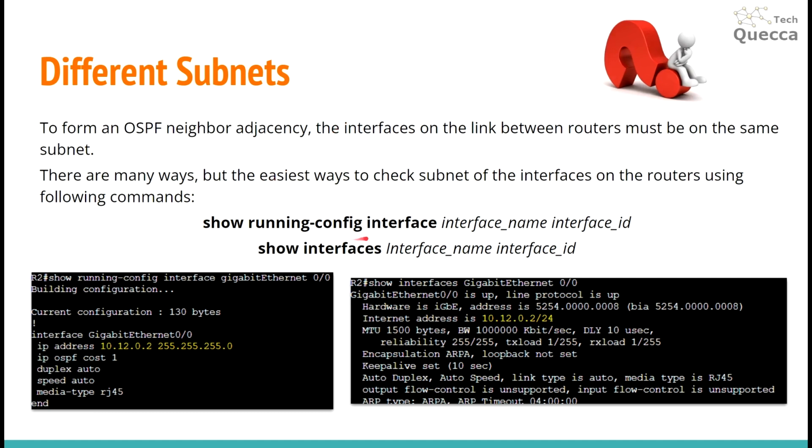Show running-config interface with interface name and interface ID. In the output you will see the configured IP address with network mask. And the second command, show interfaces with interface name and interface ID. You will see also the IP address of the interface with the network mask configured on the interface.